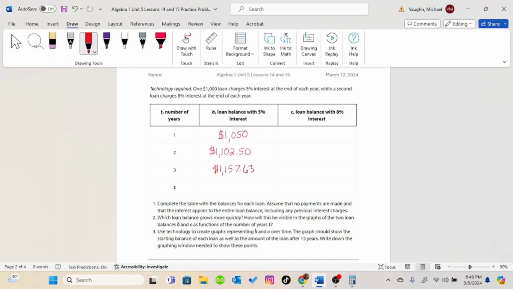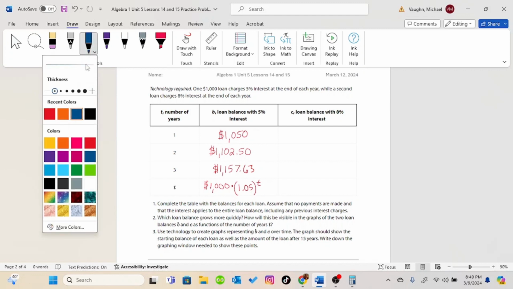So the way we were doing this was $1,000 times the growth factor of 1.05 to the power of t, the number of years.